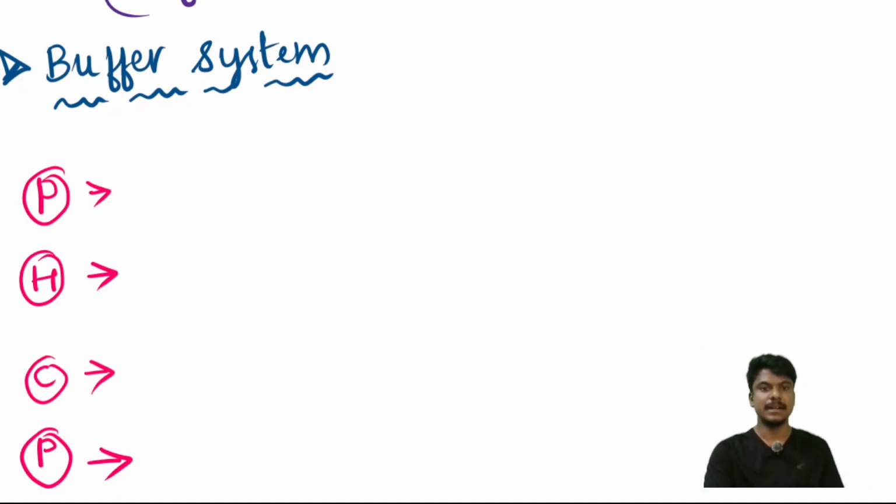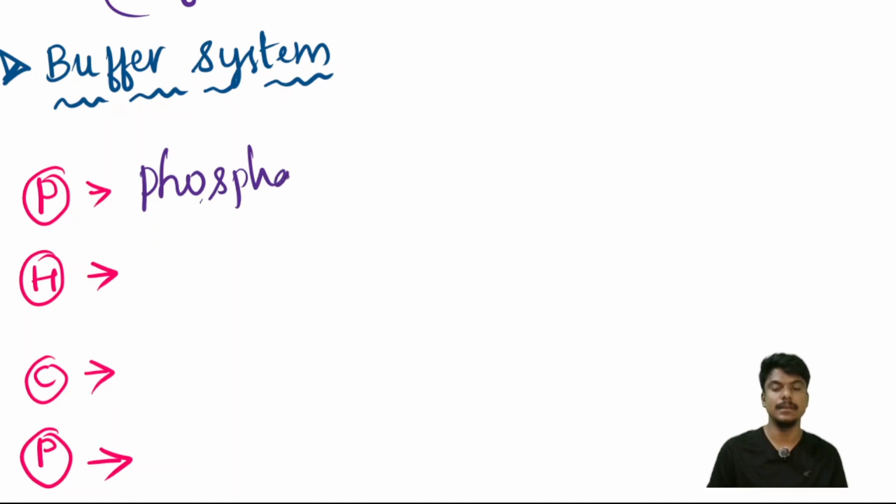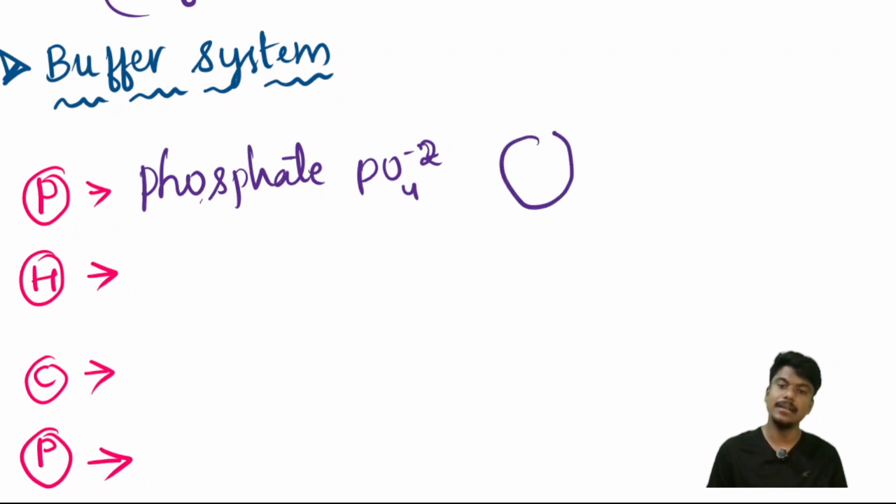So the buffer system contains P for phosphate. Phosphate is an ion present inside the cell. What will happen if there is acidosis?